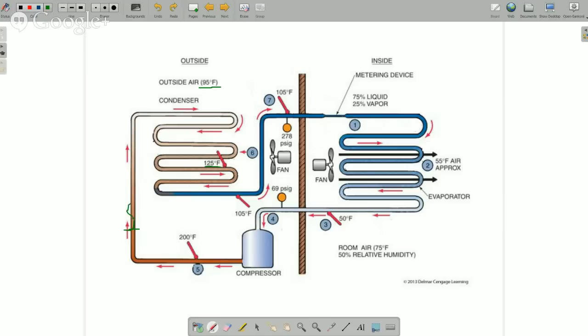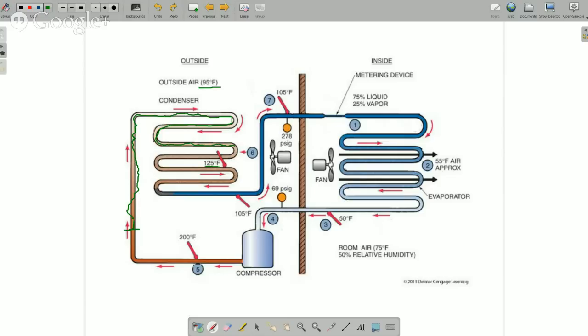So as we move through the condensing coil and this fan is blowing the 95-degree air over the top of that coil, more and more heat is removed from this refrigerant, and it will continue to change state from vapor to liquid. All of that heat required to change it to vapor is being released outside.